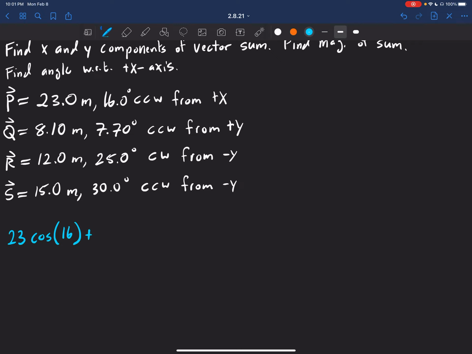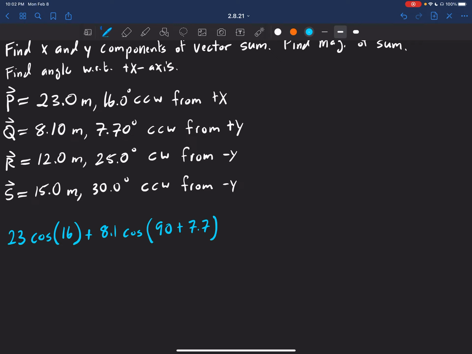The next one is going to be from vector Q. The magnitude is 8.1. Going to multiply it by the cosine of the angle that it makes with respect to the positive x direction. Positive y is 90 degrees away from positive x. So we're going to do 90 degrees plus that 7.7 degrees that it's talking about.